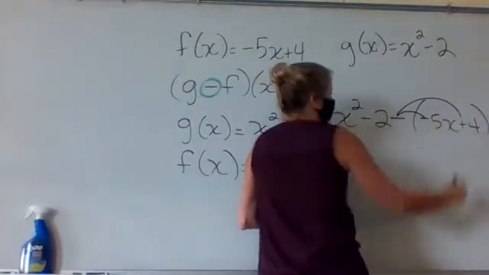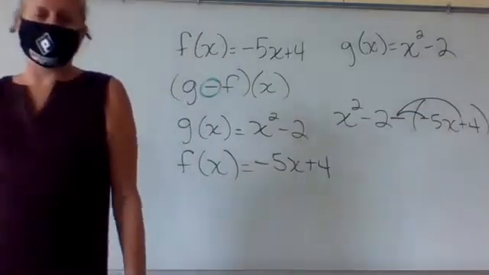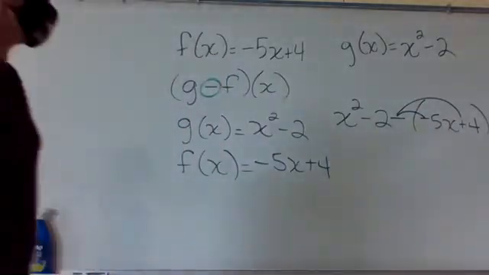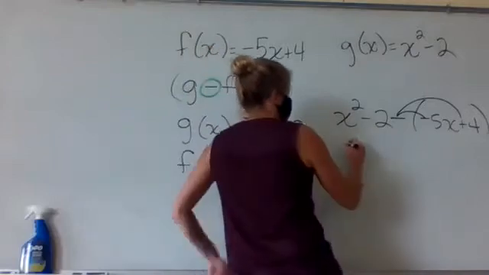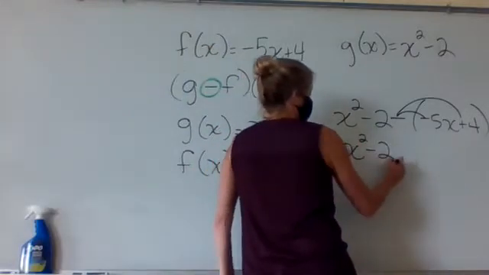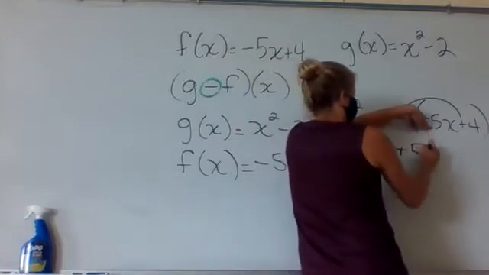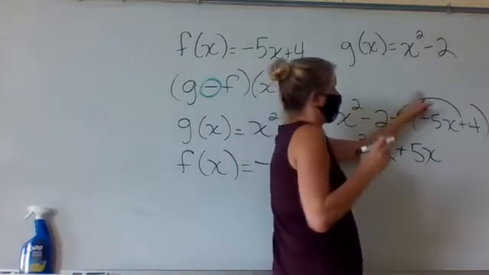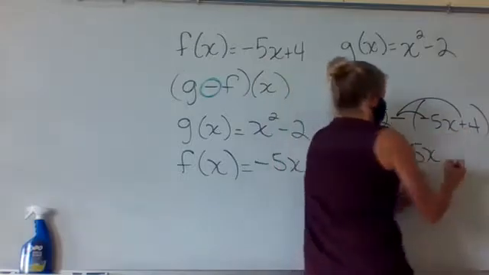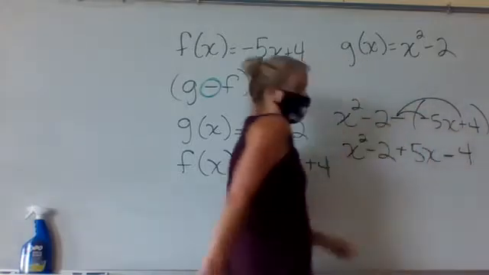If you distribute that, that's going to change those signs. So I'll still have x squared minus 2. This minus turns that into a positive 5x, and this minus turns this positive 4 into a negative 4.